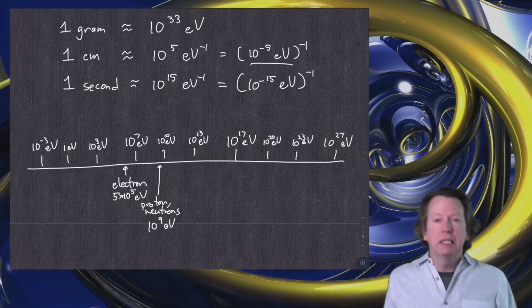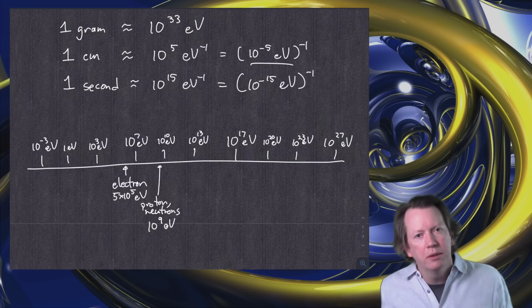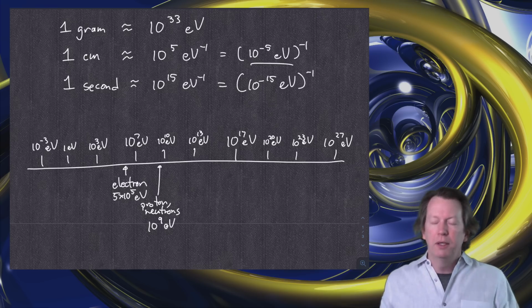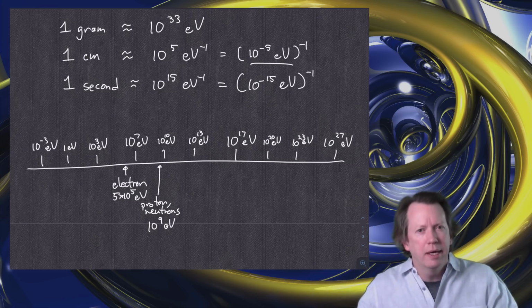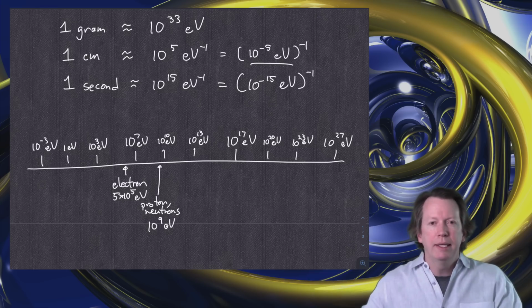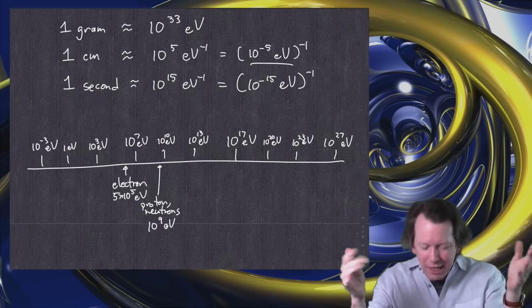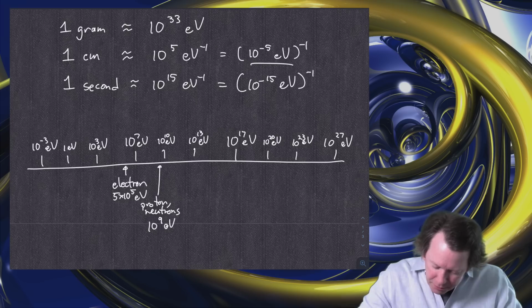And then things like the Higgs boson, which is 125 GeV, the top quark is 174. Ignoring anything other than the order of magnitude, that is 10 to the 2 times the GeV, so that's 10 to the 11 electron volts. So that's here. This is Higgs. Top quark is about the same, 10 to the 11 electron volts.